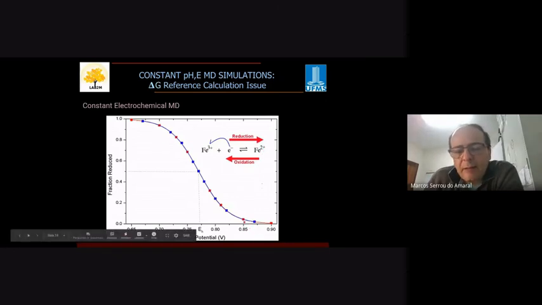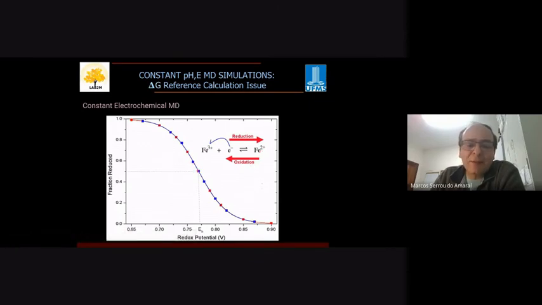And here it is the opposite: almost all the time the fraction reduced is close to 0. And here is really important: half of the time the iron will be in the reduced state, and half of the time in the oxidized state.